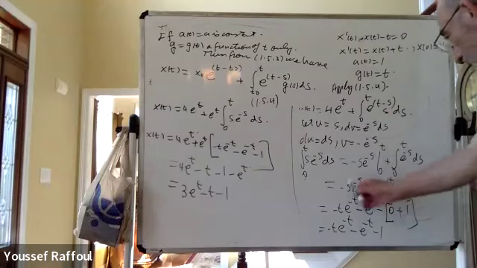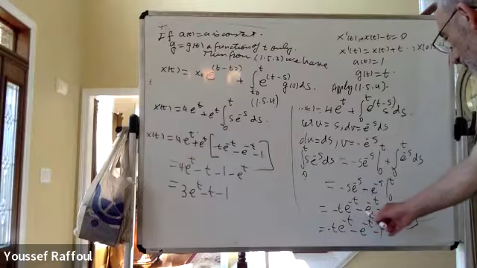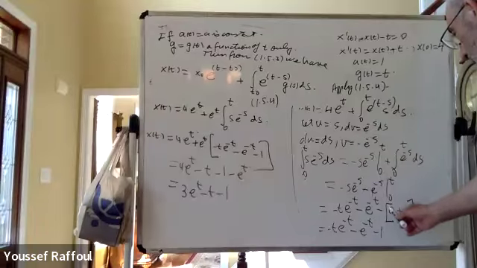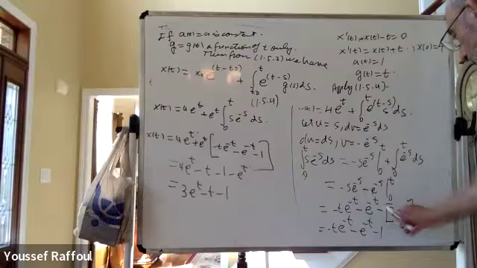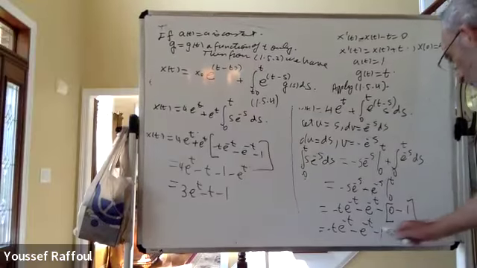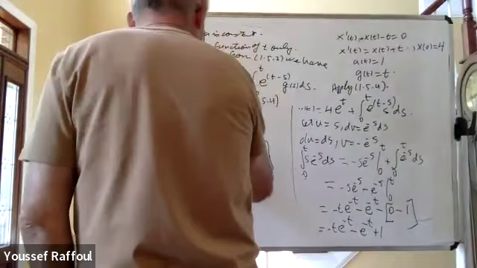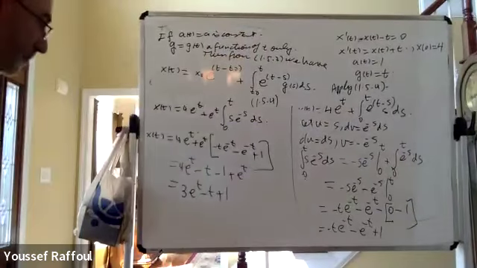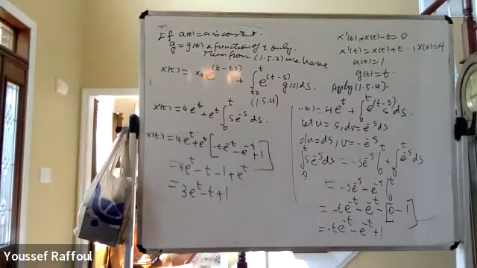If I put t in, I get minus t e to the minus t, minus e to the minus t, minus. If I put 0, I'm going to get, oh, I already included the minus here. Oh, so this should be minus 1. This should be plus 1. Okay, there. So that is your solution. Okay.